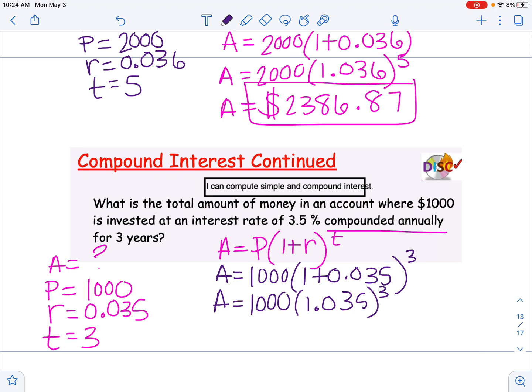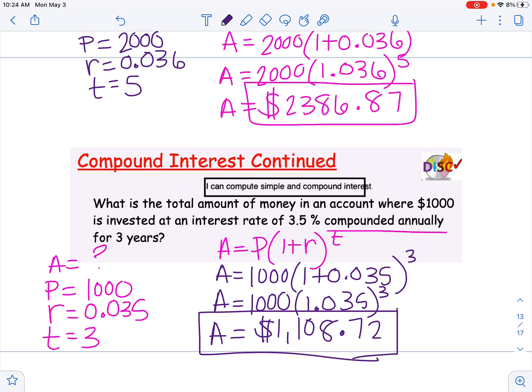Then exponents come next, so I'm going to take 1.035 to the third power, and I get 1.1087... Then I'm just going to hit times 1,000, and I get A equals $1,108.72, rounded to the nearest cent.